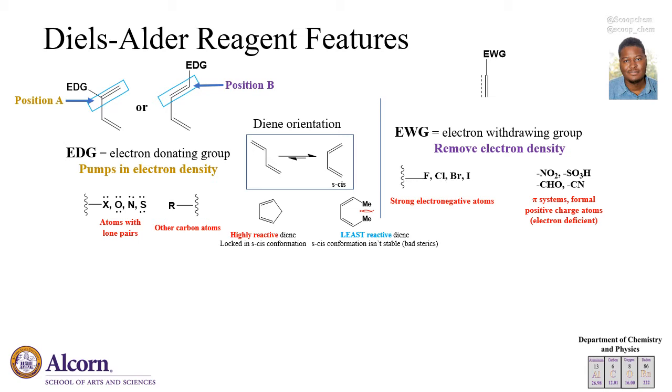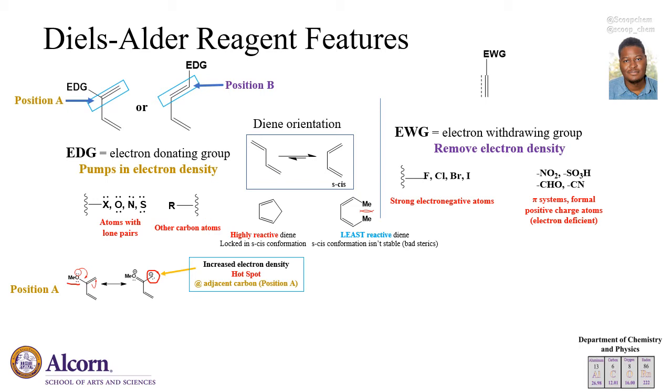We're going to study what type of functional groups and atoms are EDGs or EWGs. All right, so we mentioned that we need to carefully consider the positions of our electron withdrawing groups. If I look at this system here, I'm going to have my methoxy group, which is an electron donating group, in position A. Through resonance, I realize that the adjacent carbon has a buildup of negative charge.